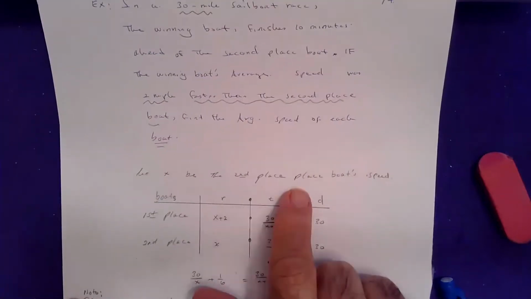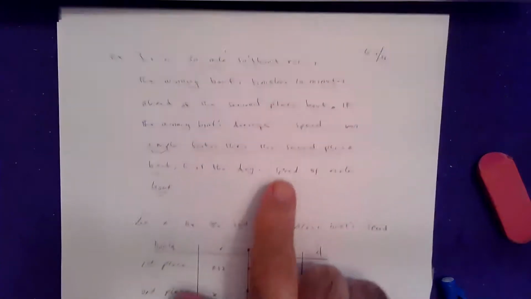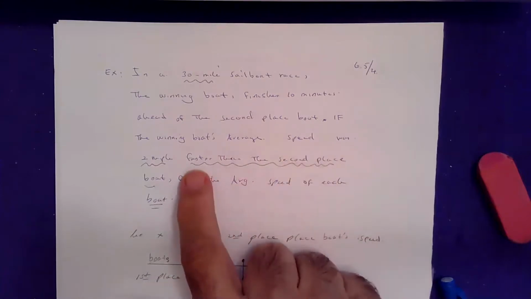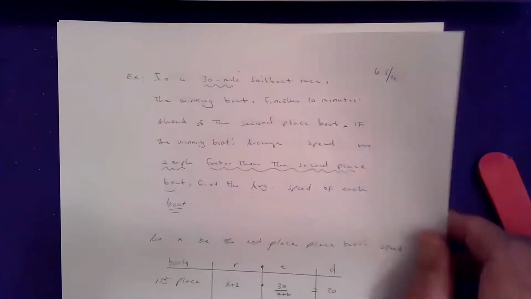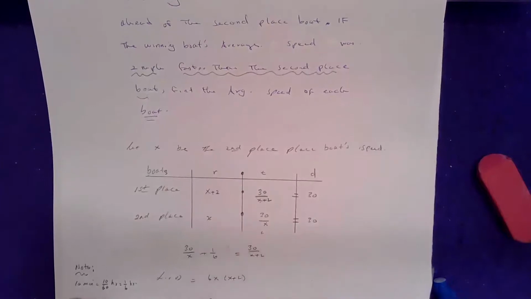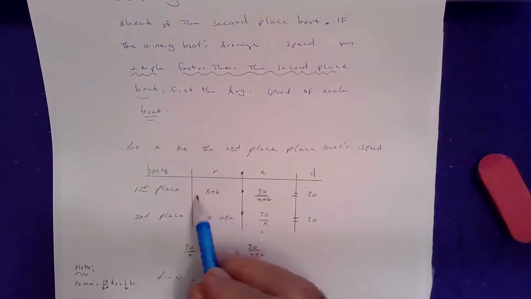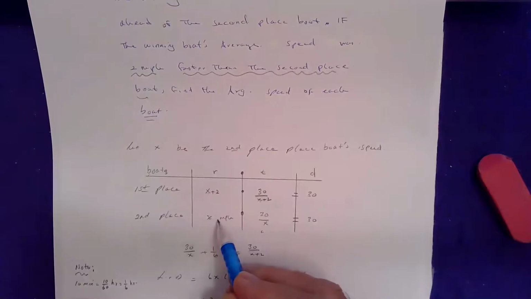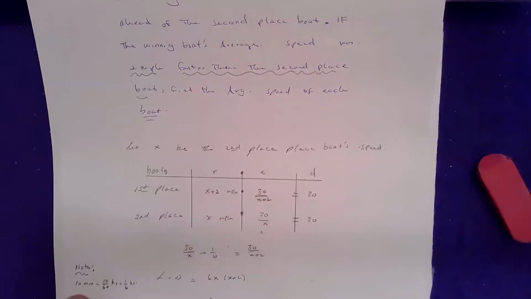The way I set it up, I said let x be the second place boat's speed. Why? Because it says the winning boat's average speed was 2 miles per hour faster than the second place boat. So if this is so many miles per hour for the second place boat, this guy was 2 miles per hour faster, so I have to add 2 miles for this guy to get the speed for the first place boat.